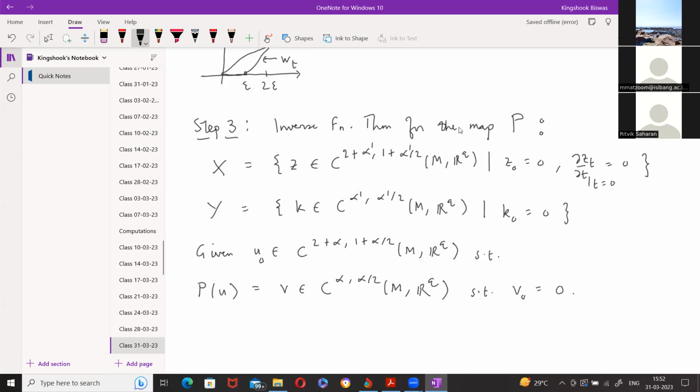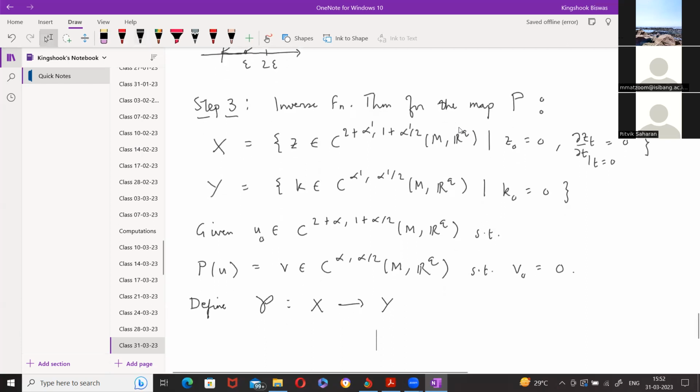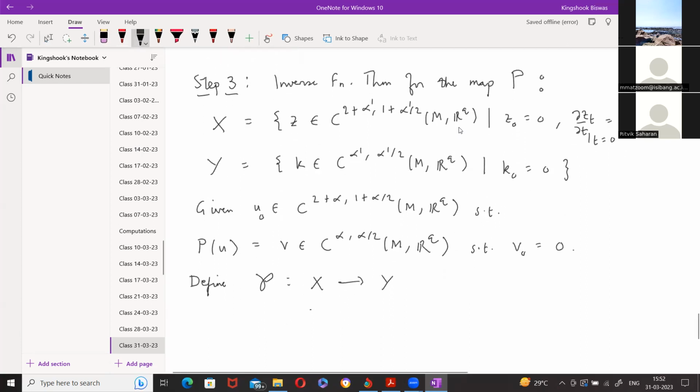Then we define a map, script P, from the Banach space X to the Banach space Y, which sends Z to P of U naught plus Z minus P of U naught.